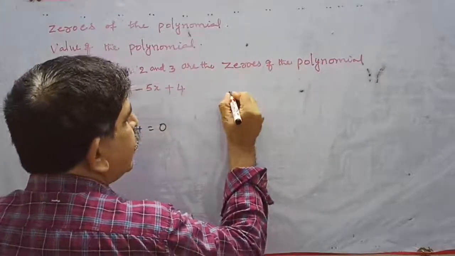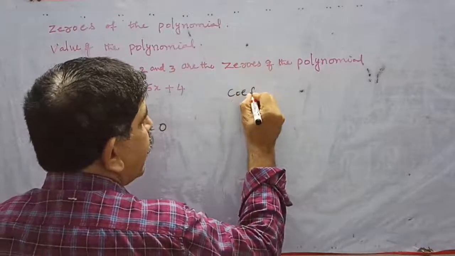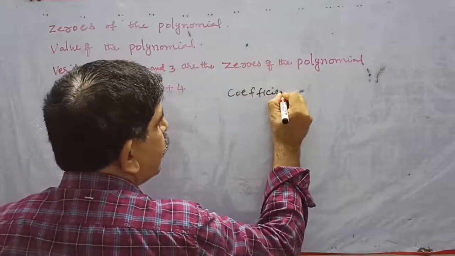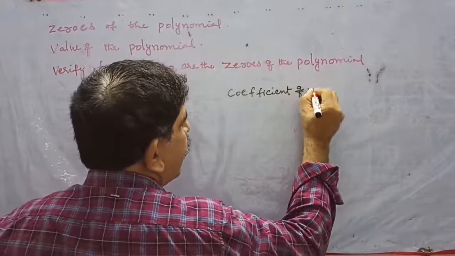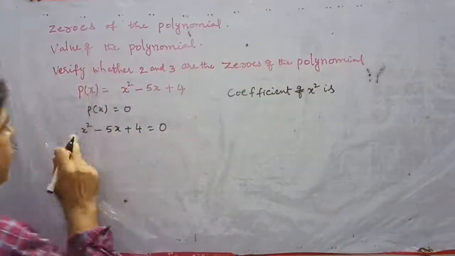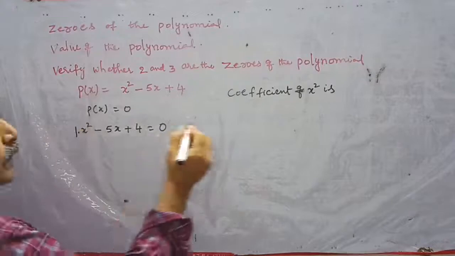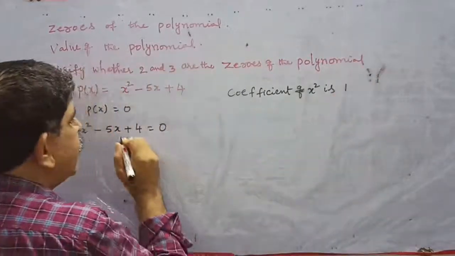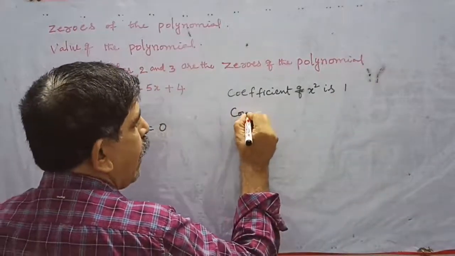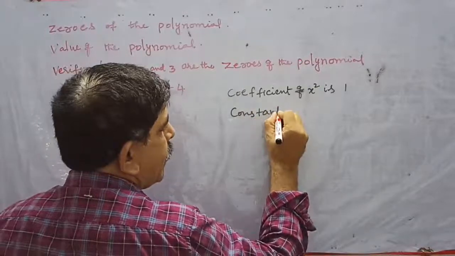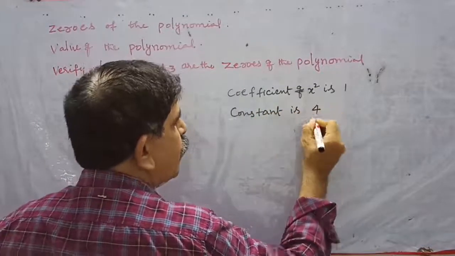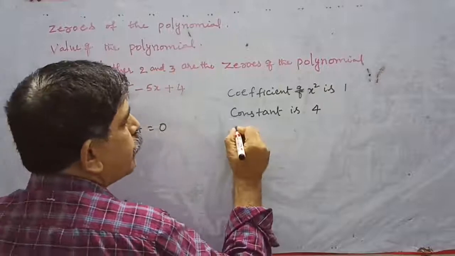First you write coefficient of x square. Coefficient of x square is how much? 1. Next, constant. Constant is 4. Next one, product.